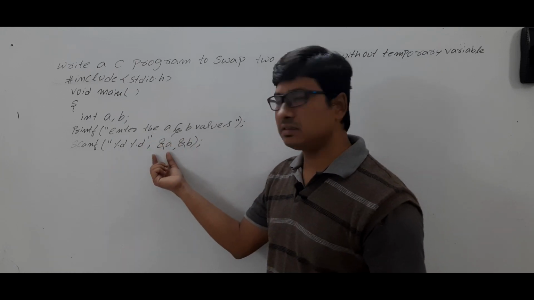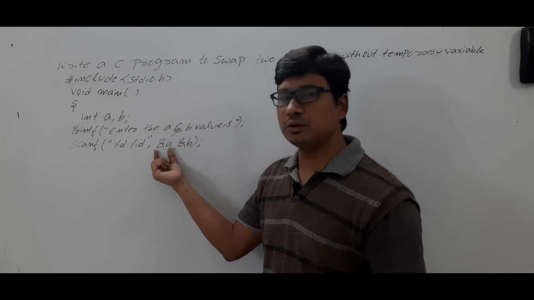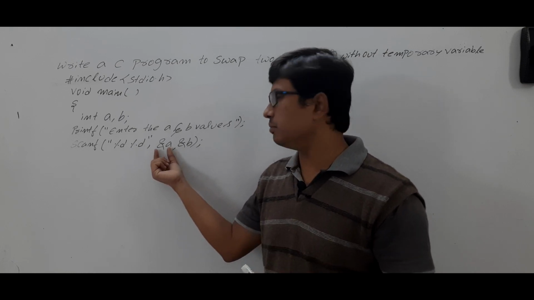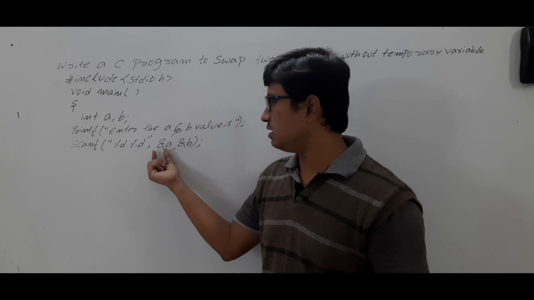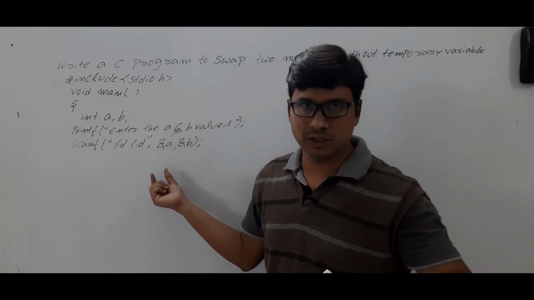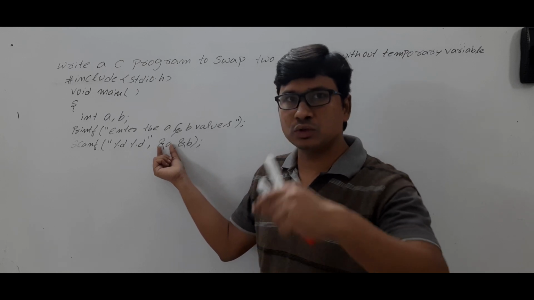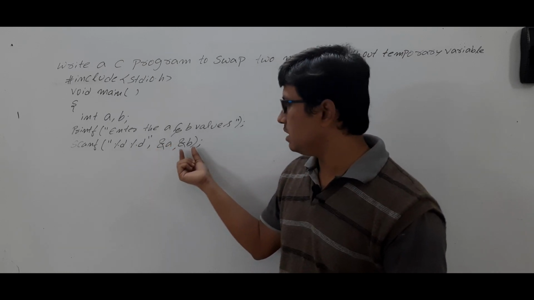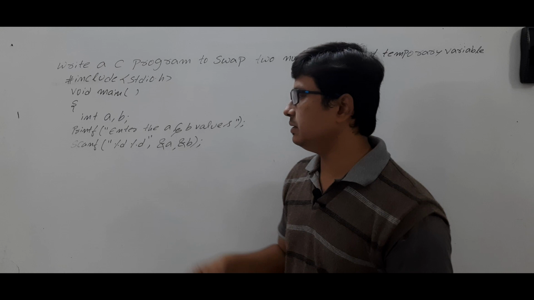So that address will be represented using the ampersand variable name. So here the variable name is a, so that's why I'm writing ampersand a. So whatever the input you are reading from the user, that value you want to store in the address location of a, similarly in the address location of b.